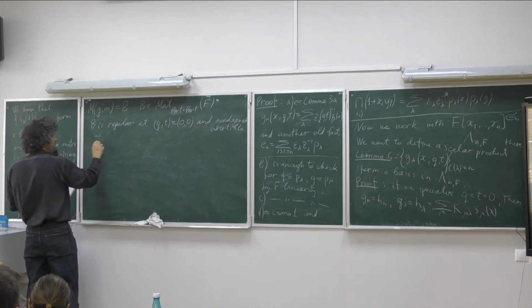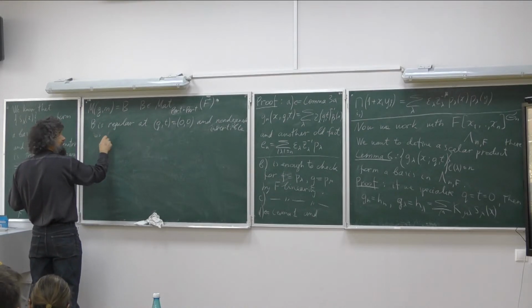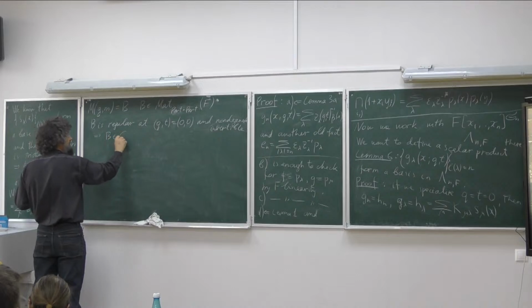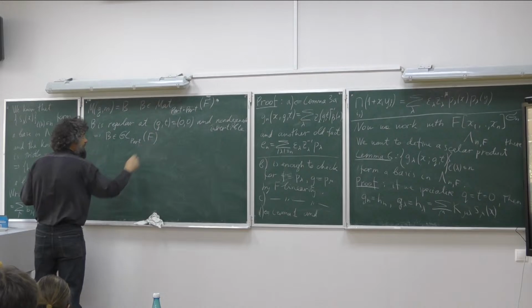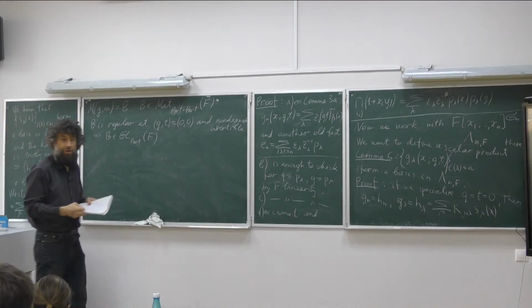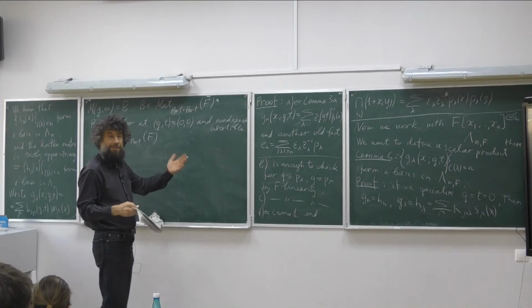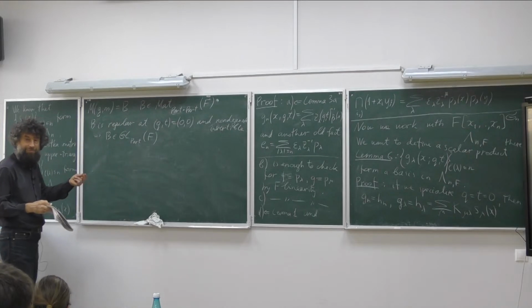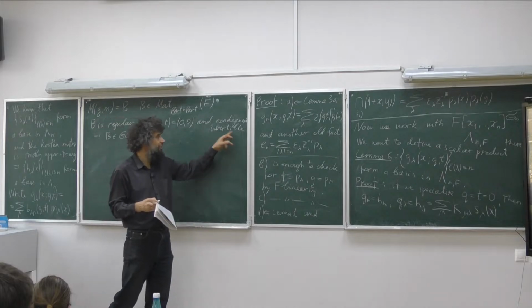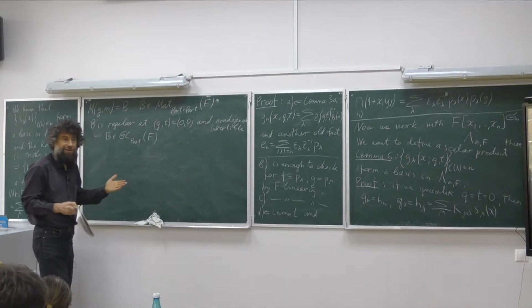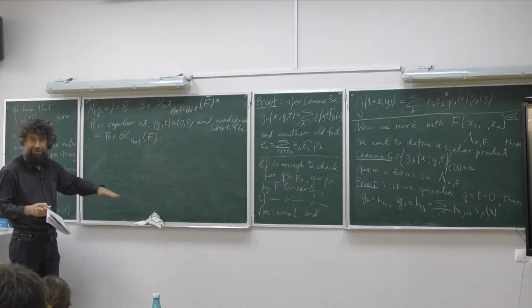Hence, B lies in GL partition of F. It's some matrix, but we know that it can be specialized at some point to an invertible matrix. So its determinant does not vanish identically.